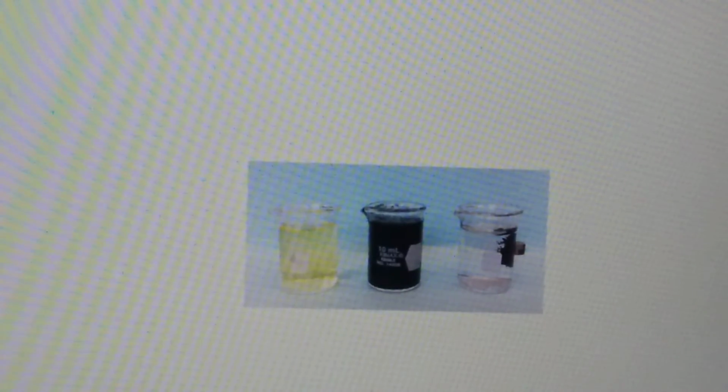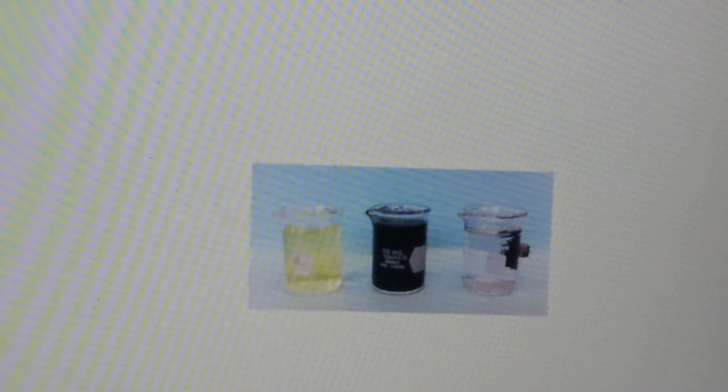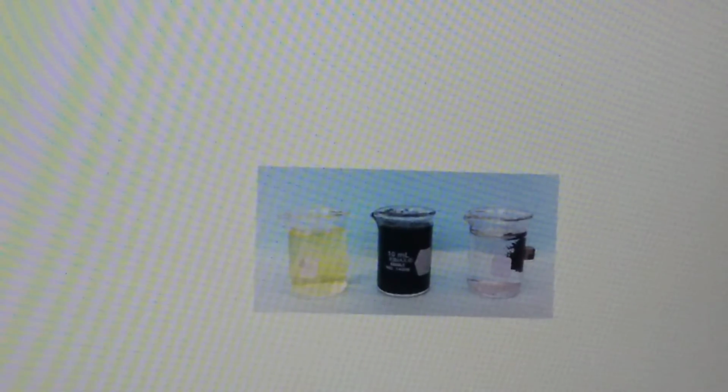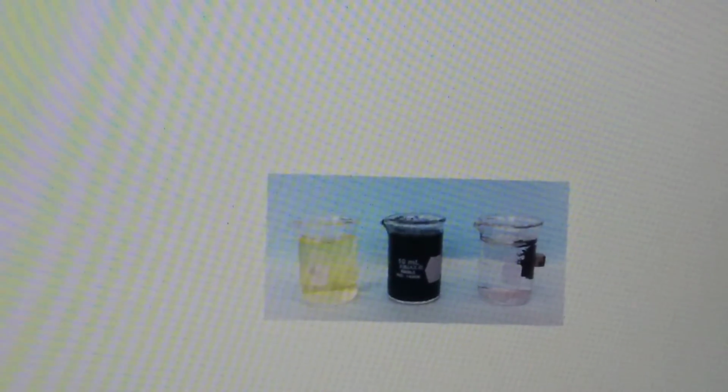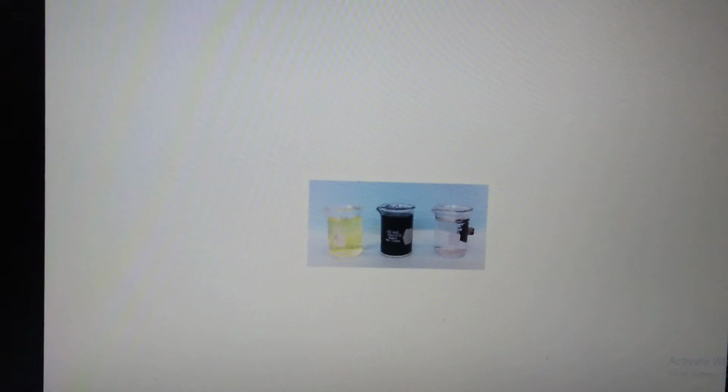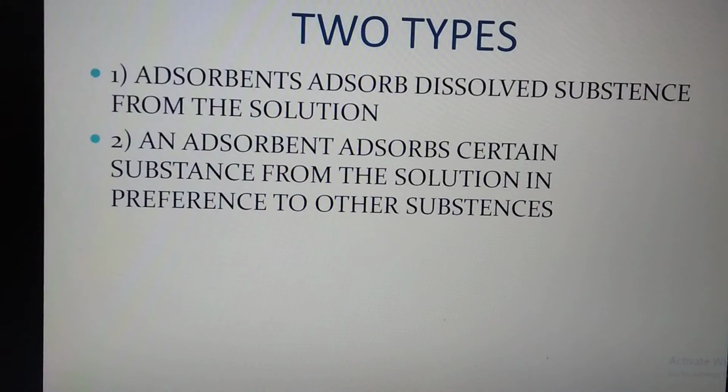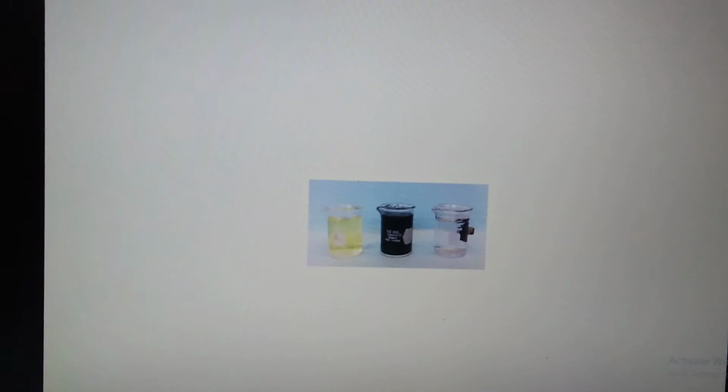We will get pure water without the sugar. So this is positive adsorption. This is the first example. The first point we have seen here is adsorption of dissolved substances, the solutes, from the solution. For example, adsorption of coloring material present in a sugar solution.